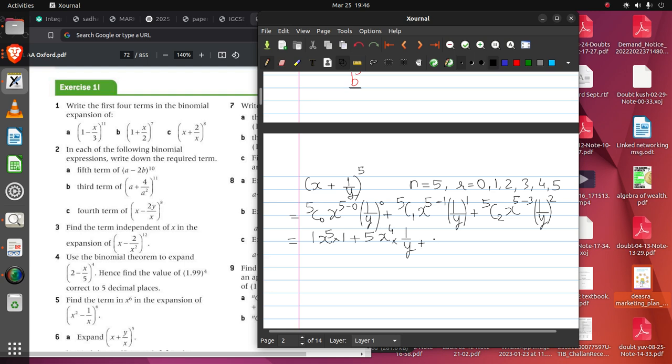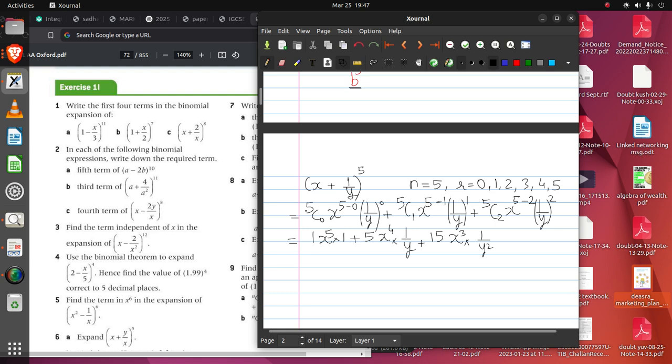And 5c2, if you put this in the calculator, is going to be 15. Here I am supposed to write 2, not a 3. So the power of x here is going to be 3, into 1 by y square.